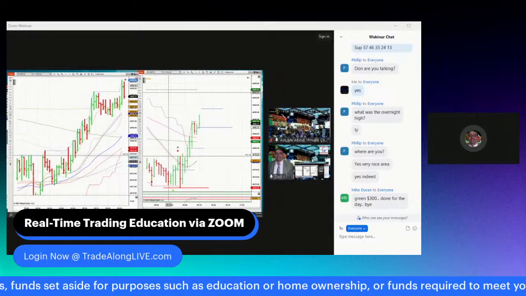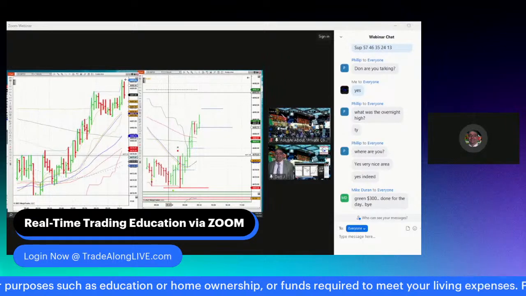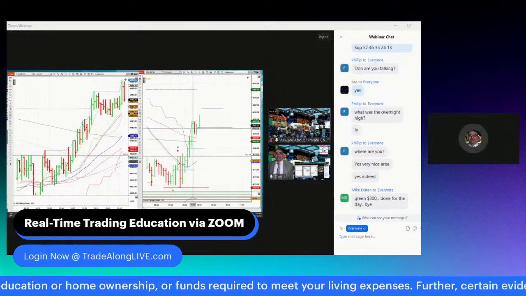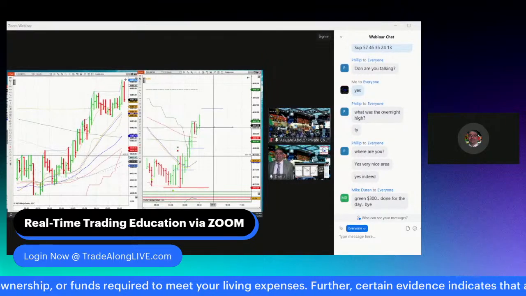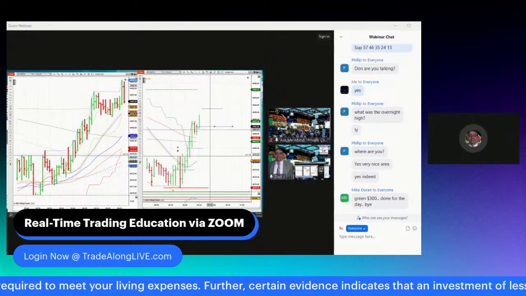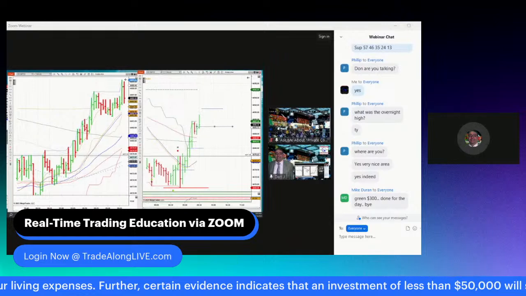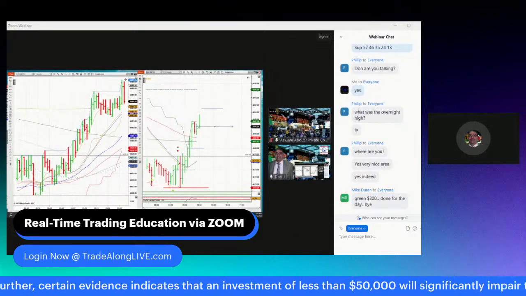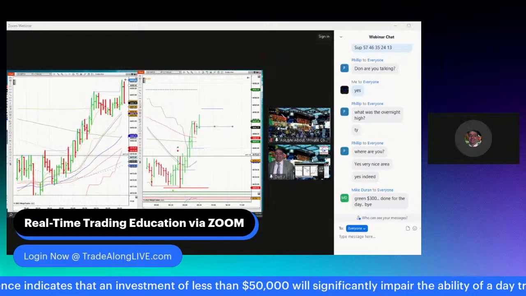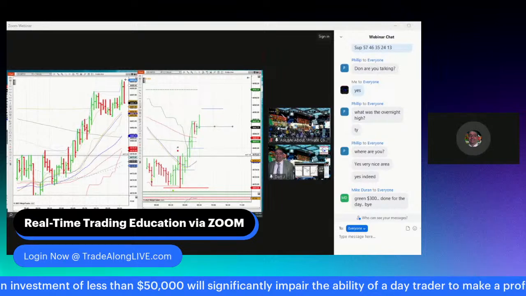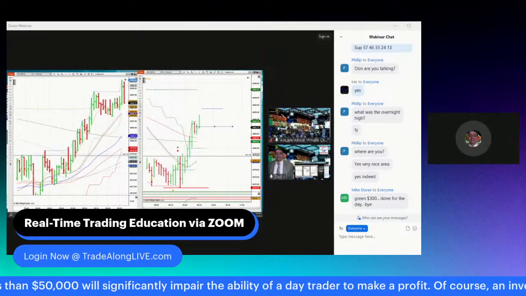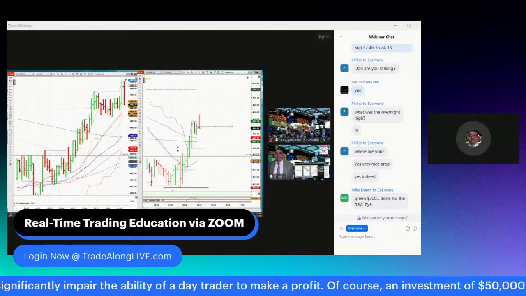But we're still working that 86 area. I had 85.75 in there, excuse me. Somebody asked me the other day why we didn't use halves and we just use whole numbers. And for the most part, these levels are just areas. They're not exact science.